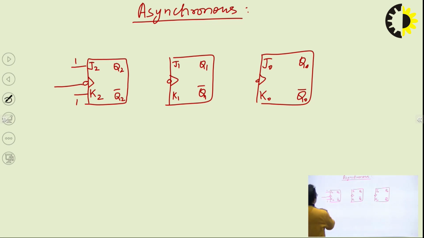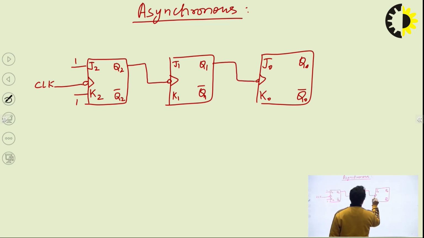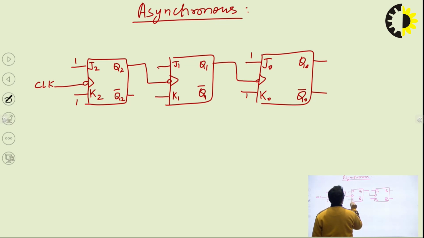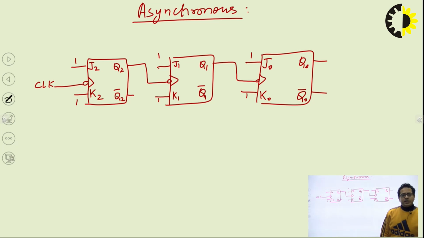This is the clock pulse that is applied. As it is asynchronous, the remaining flip-flops are connected in this way, and at the final stage we get the output. Both inputs are 1 1, because the asynchronous counter is based upon the toggling operation.